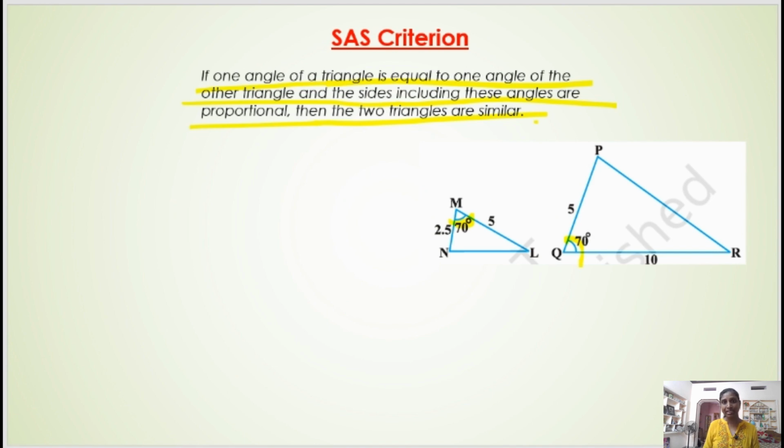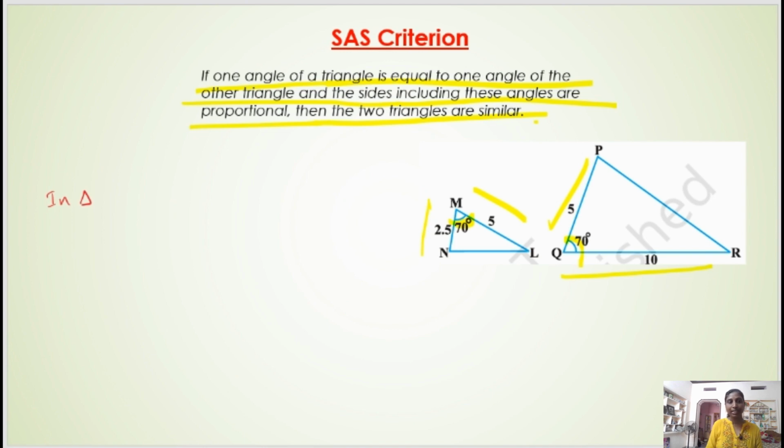And the sides including these angles: the sides including angle M are MN and ML. The sides including angle Q are QR and QP. Now we can write in any order, no problem, but at the end we have to maintain the order.